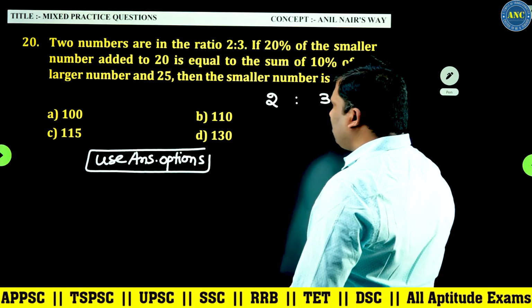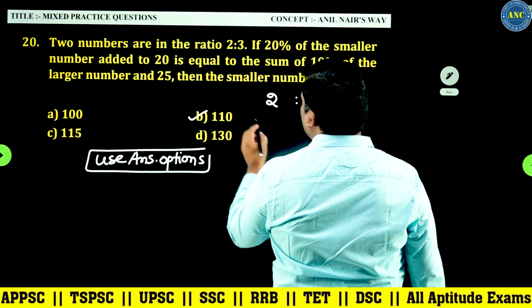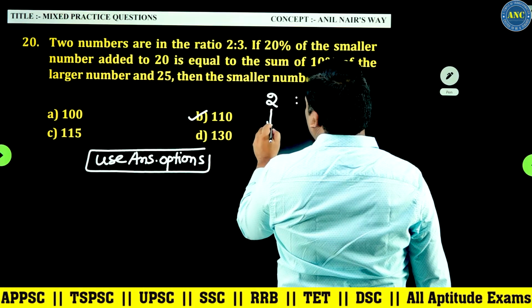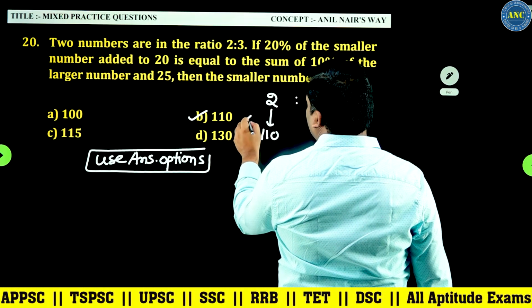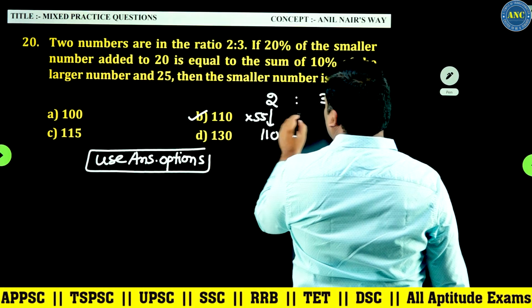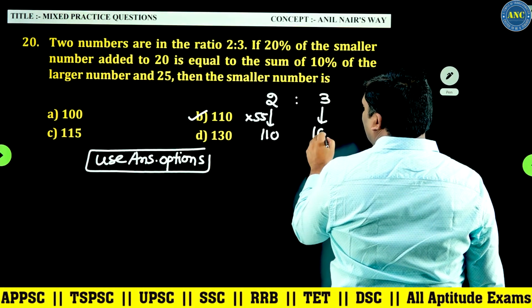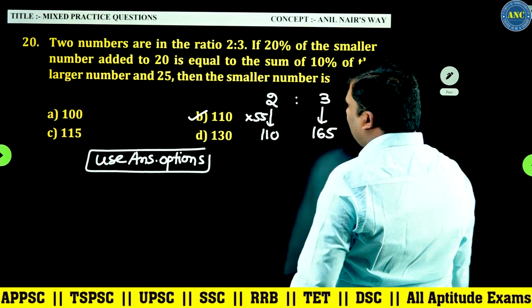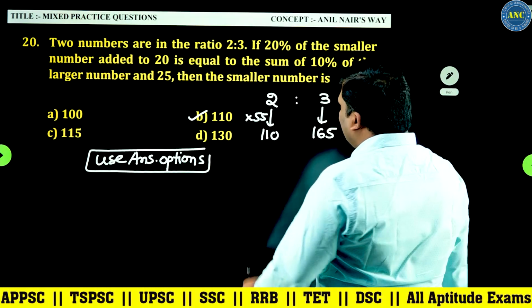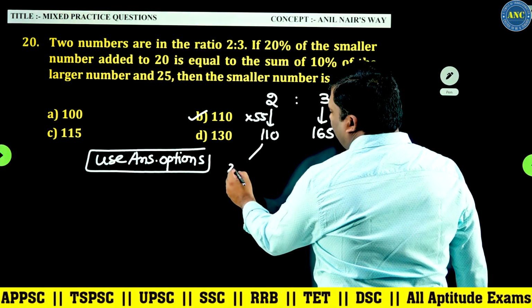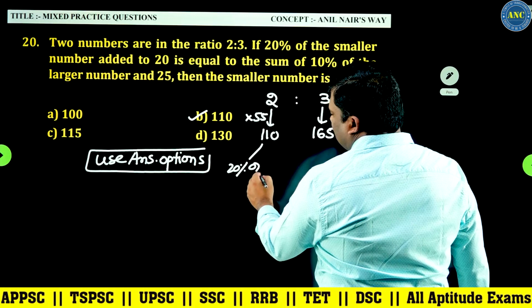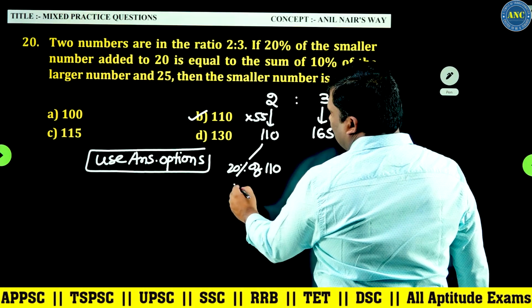Suppose I am using, for example, 110. 2 is becoming 110, 2 5s are 110, that means 3 5s are 165. 20% of the smaller number, 20% of 110, is 22.